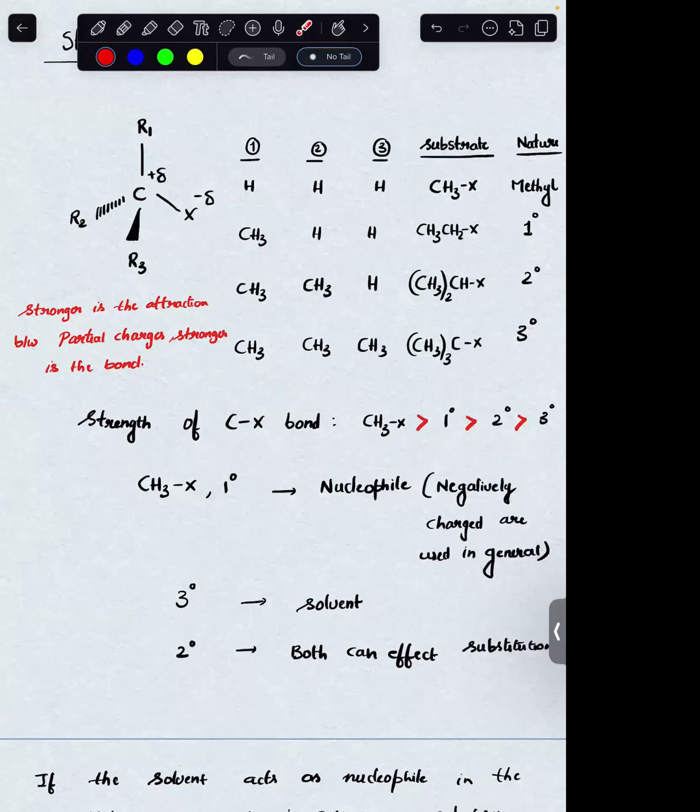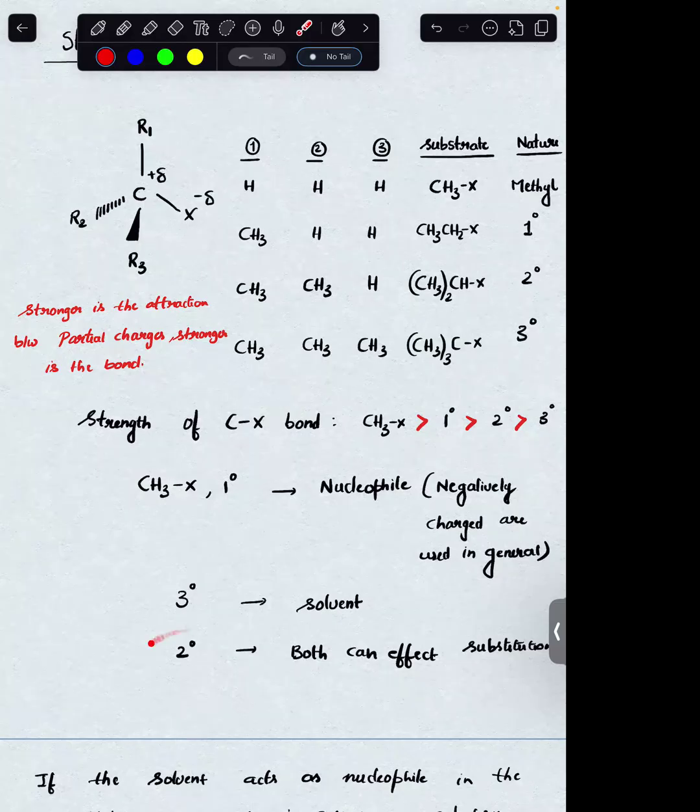If you take water, it has some lone pair of electrons, so it can act as a nucleophile. If you take alcohol, in that case also it has lone pair of electrons, it can act as a nucleophile. So the solvent itself can go and attack here. If it is 3 degree, the solvent itself can go and attack. In that case, it is known as solvolysis.